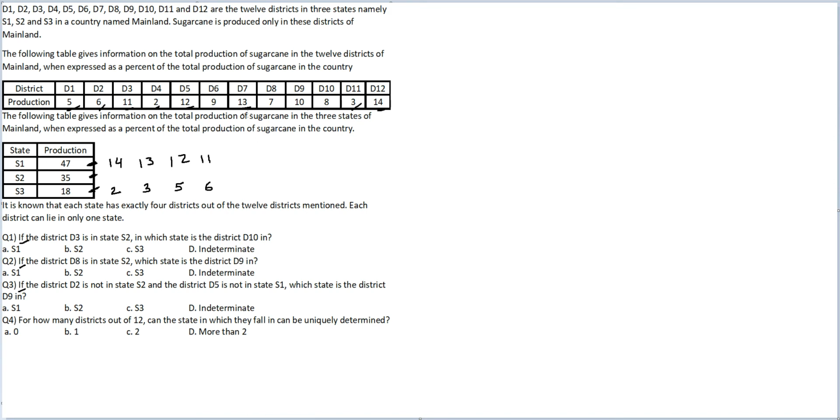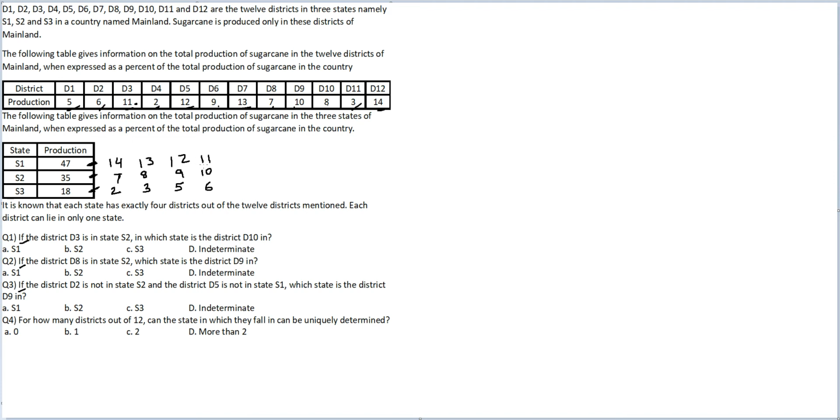And the numbers that are left are 8, 9, 10 and 11. No, 11 is already used up. So the numbers that are used are 7, 8, 9 and 10. It may appear why am I doing so, but there will be a purpose behind this.